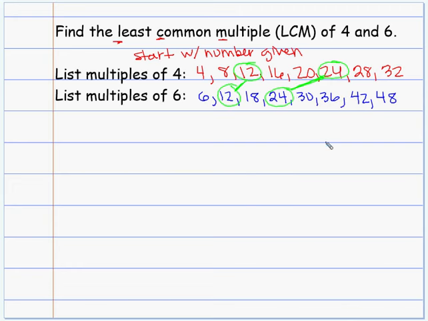Okay, so which one is the smallest? The LCM is 12. It's the least common multiple. Is there another common multiple? Absolutely. 24 is a common multiple, but it is not the least common multiple. Okay, so make sure that you are getting the smallest one when asked for the least common multiple.